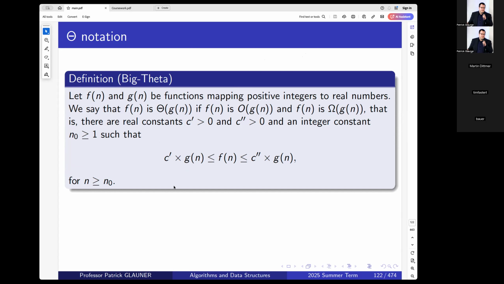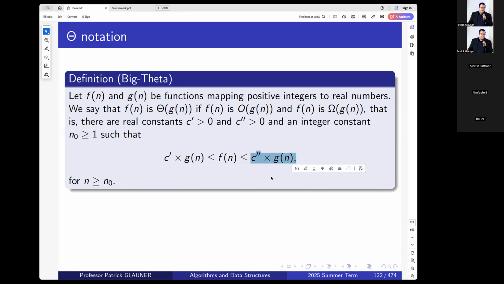In order to define this properly, we now need two constants, c prime, which must be greater than 0, and c double prime, which must be greater than 0. And we still have our threshold n0, which must be greater than or equal to 1. And for all n's that are greater than or equal to n0, f of n must be less than or equal to c double prime times g of n.